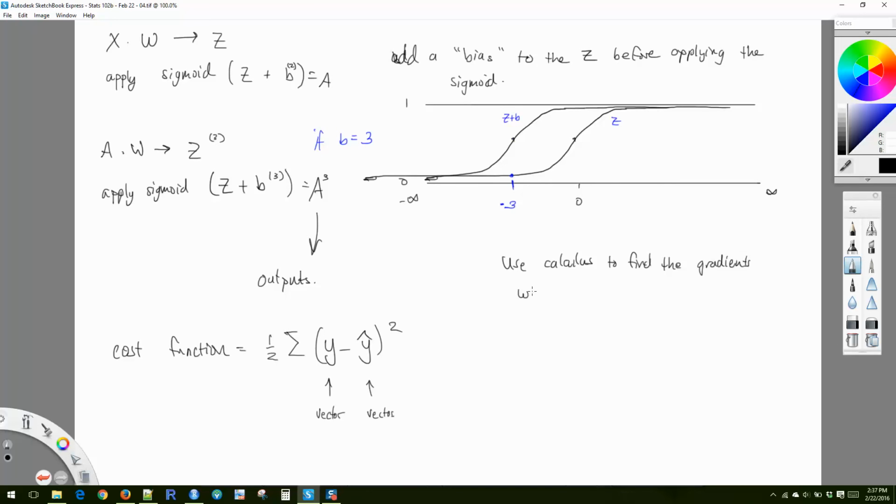Gradients with respect to our weights and our biases.